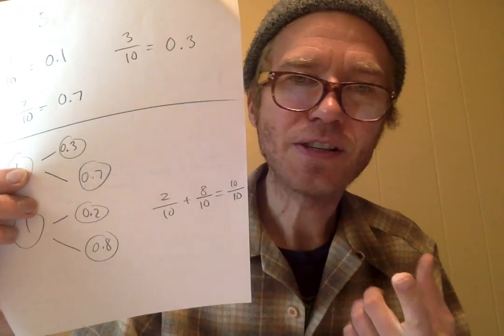But a lot of it's going to be just looking at things like this, where they're going to draw a picture and they're going to say, I've got 6/10, and they might even have a whole bunch of little tenths that look like this. 0.1, 0.1, 0.1, 0.1, 0.1.